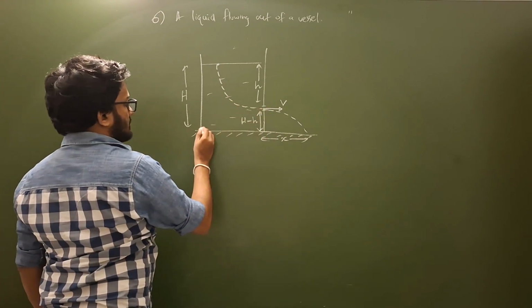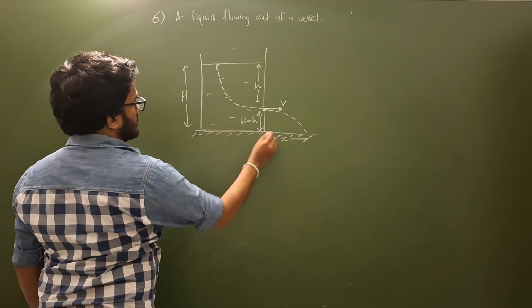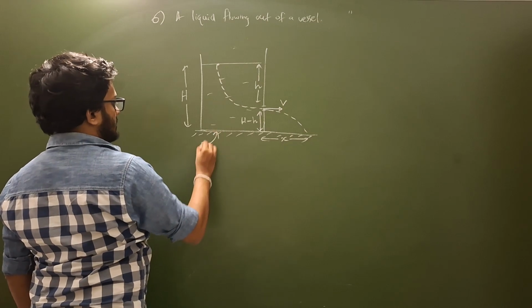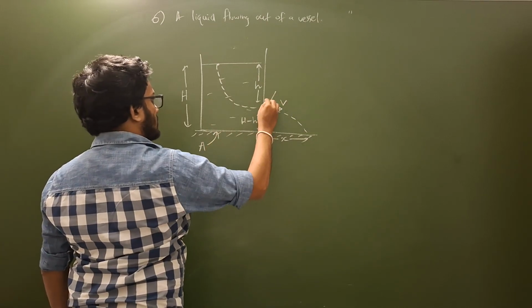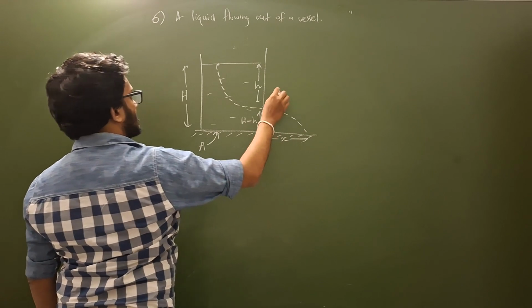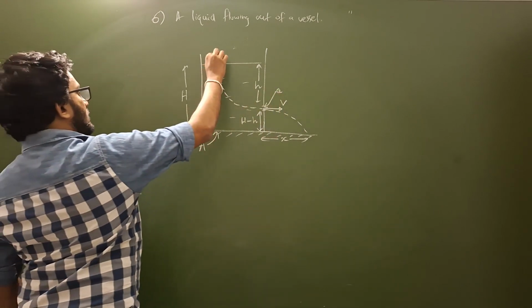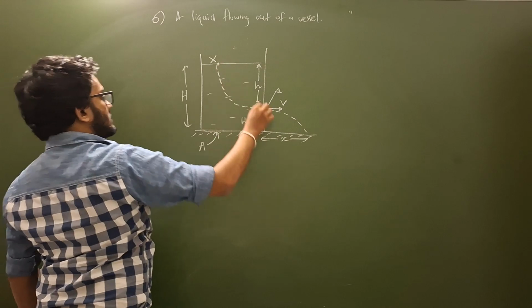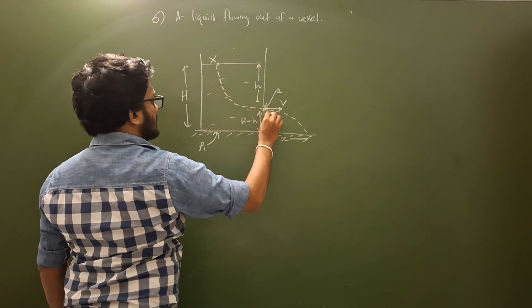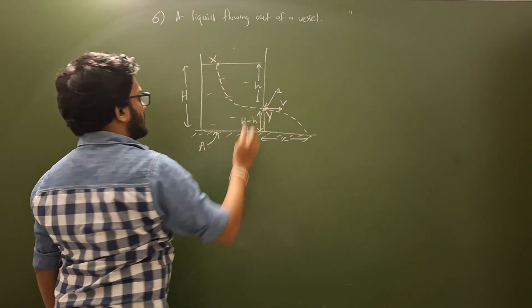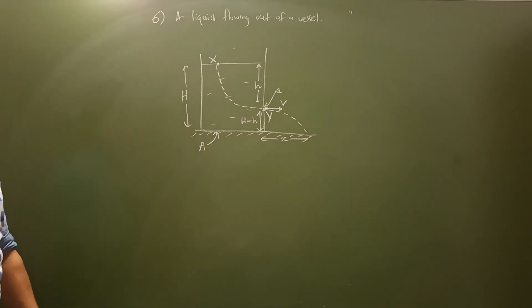Let's take the base area of this vessel as capital A, and the area of this small hole as simple a. Let this point be x, and this point as capital Y.